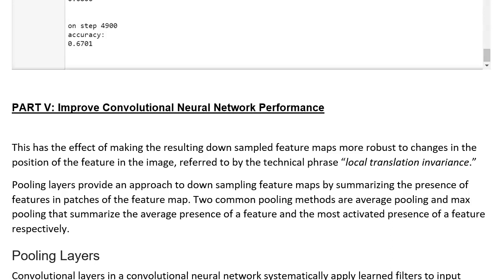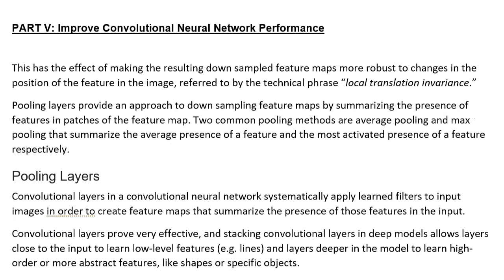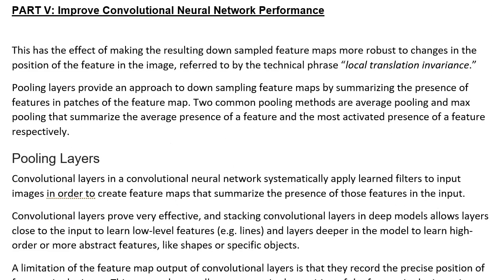Part 5 is improving the convolutional neural network performance. This is what we are going to check over here. As I told you before, in the convolution layer we are systematically applying filters to the image to create feature maps.